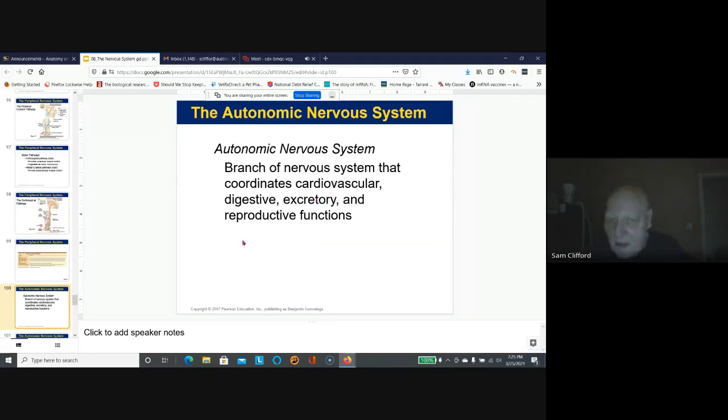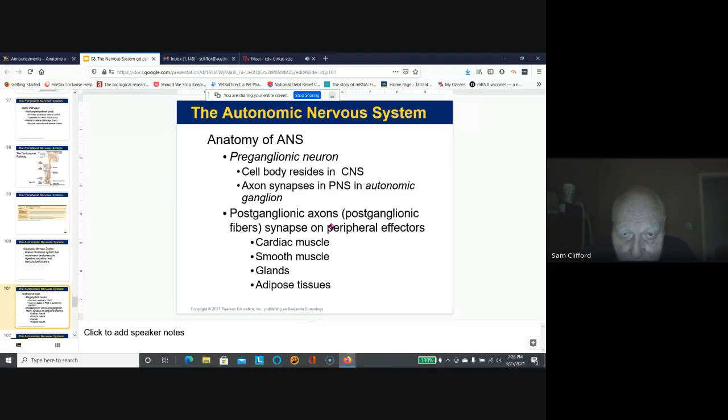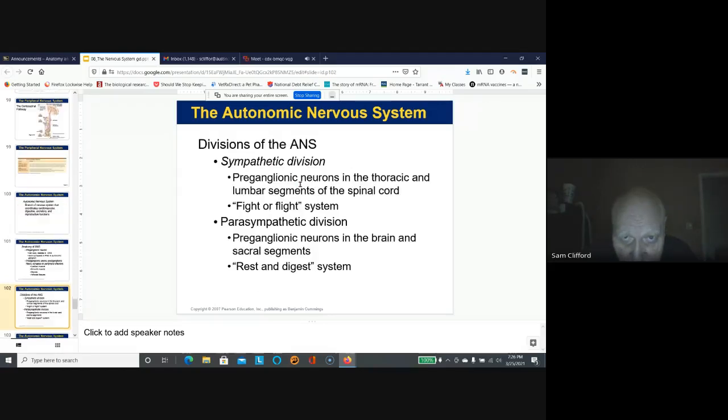Now, the autonomic nervous system. So, what is this all about? The automatic coordination of heart, digestive, excretory, and reproductive functions. So, let's look at a picture here coming up.